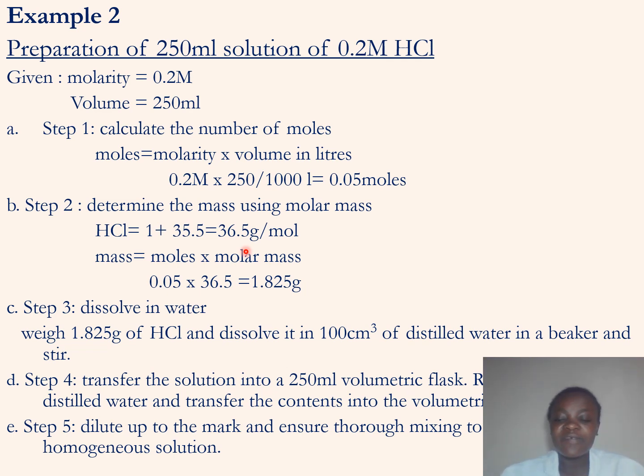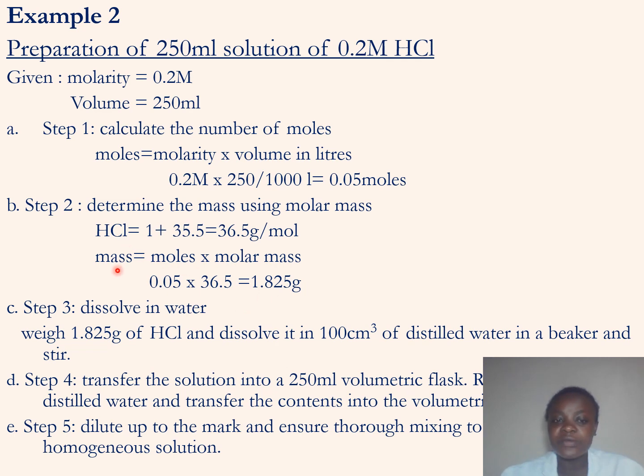So this is the molar mass for hydrochloric acid. So now to get its mass, or the required mass, we take the number of moles, which is 0.05 moles, then multiply by the molar mass, which is 36.5. So this one will give us 1.825 grams.